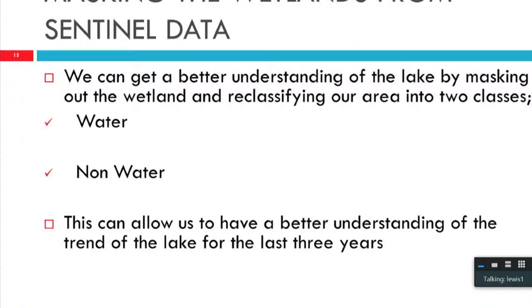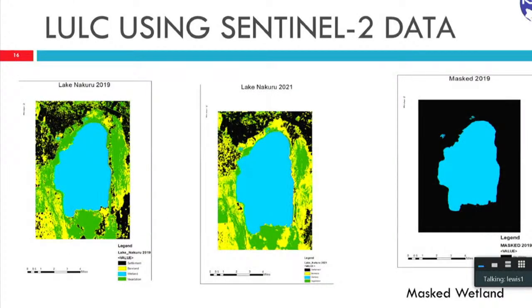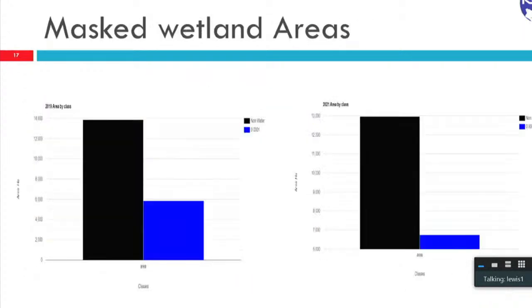Then on Sentinel data, we used the same land use land cover maps and then masked them to get only our area of interest, which is the lake.